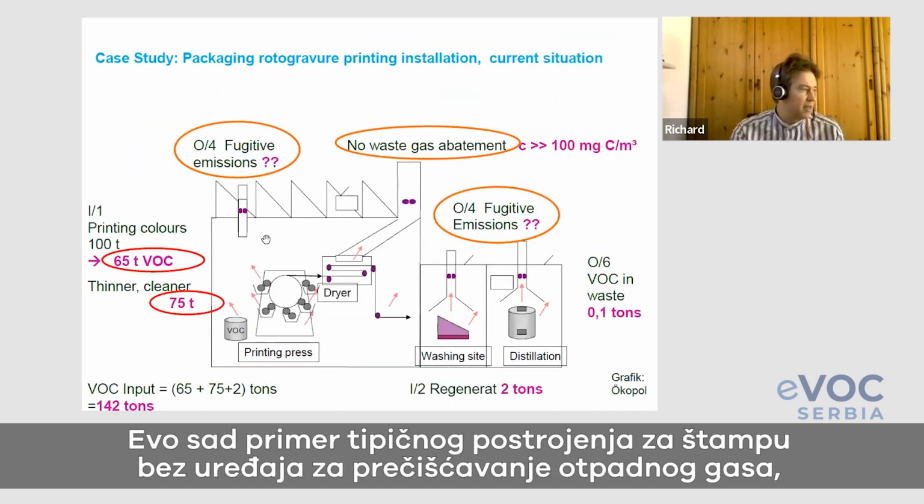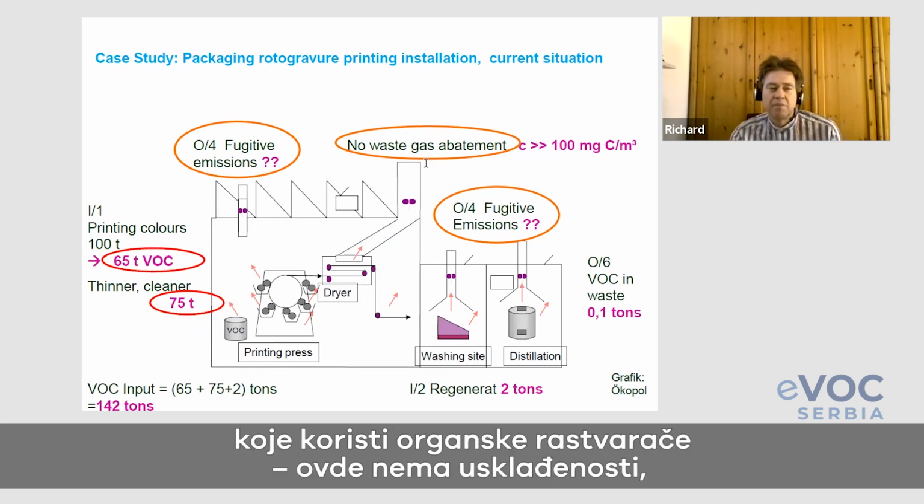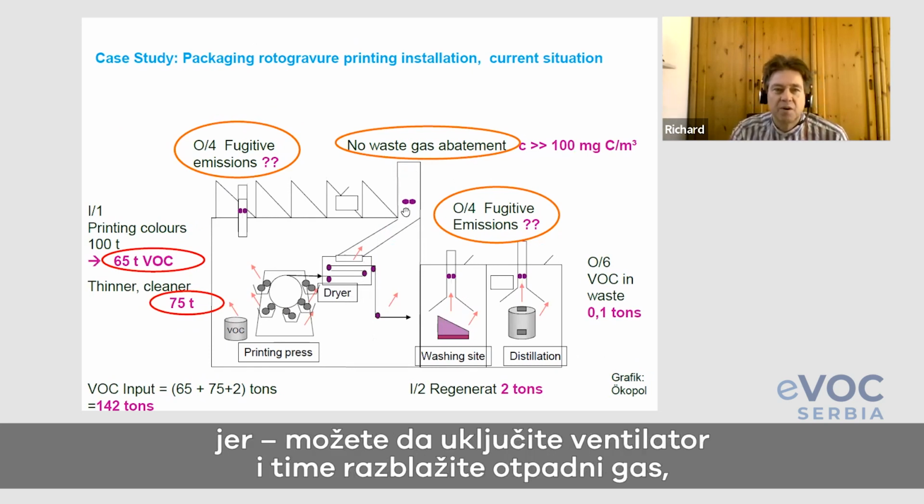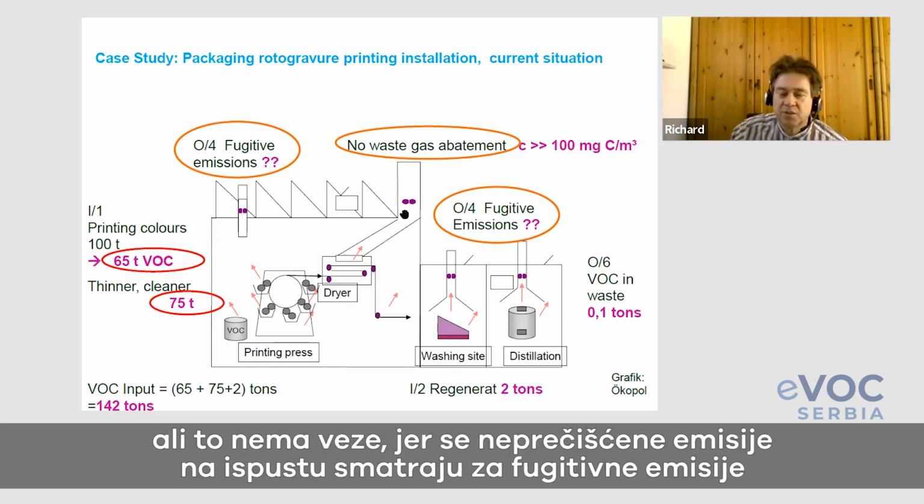So here an example now. Typical printing installation. We have here no waste gas abatement, and it's clear that by using solvents we have no compliance, because okay, you can turn the fan on, and you can maybe do a big dilution and comply, but it is not possible because that uncleaned stack emission we count as fugitive emissions.